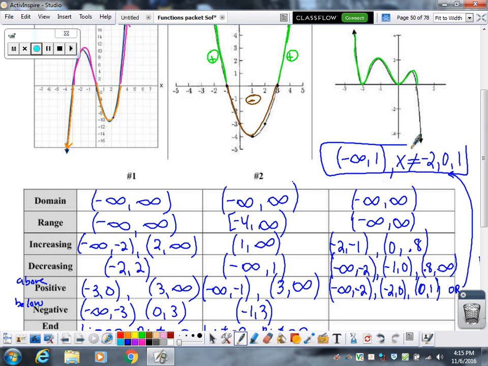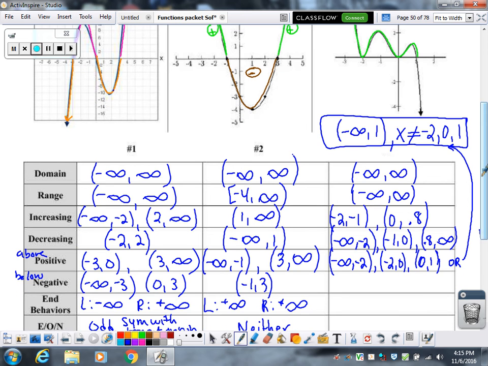So there's another way of writing that same exact interval. We can take either of these 3 separate intervals here. Notice not including the -2, the 0, and the 1. We've got the parentheses instead of the square brackets. Or if you want to write it as one big interval, you may do that. Just please be careful.